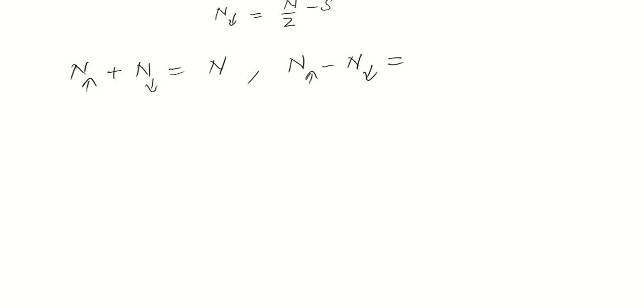If we add these two, we get n up plus n down, the total number of spins. If we subtract them, n up minus n down, we get 2s. We call these equations 3 and 4. The difference, equal to 2s, we will call the spin excess.